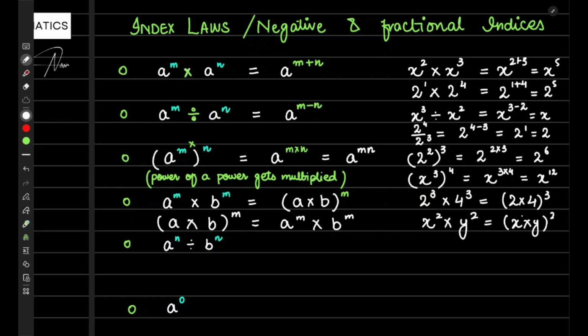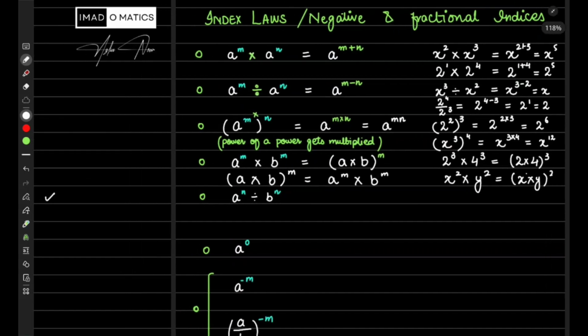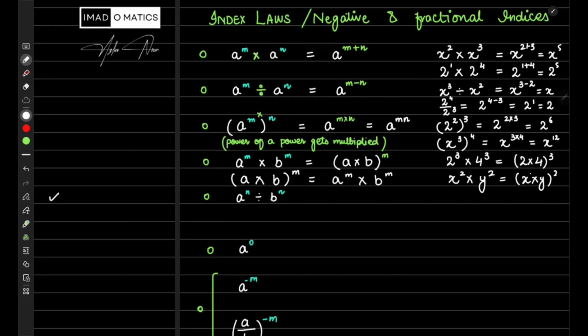Now let's talk about one more law of index. If you have two bases that are different, a and b, and you have the same power, you can write it as a divided by b whole power n, which means the power comes as a whole.